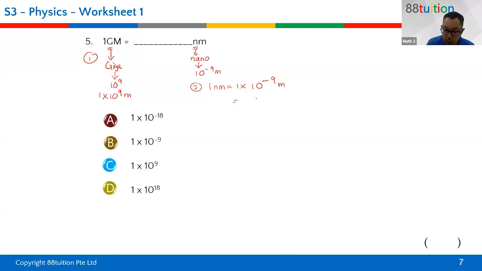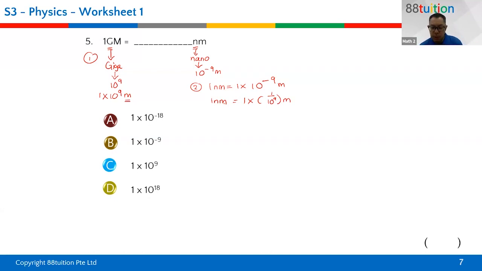So again, same thing. I want to express it as meter because my first step is already in meter. So the rest I also want to be meters. So it's the same as 1 times 10 power minus 9, so 1 over 10 power 9. Remember the previous question? We have to carry off the 10 power 9. This time around, don't write down the whole thing because you have to write down 9 zeros.